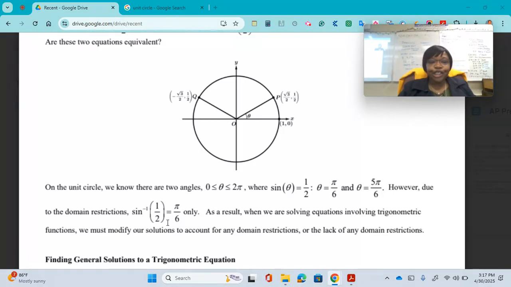However, due to the domain restrictions, remember the domain restrictions on the last notes? The inverse sine of 1/2 equals pi over 6 only because for sine we restrict the domain to what quadrants? 1 and 4. There you go.